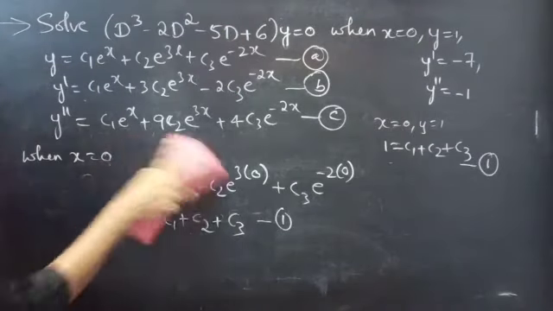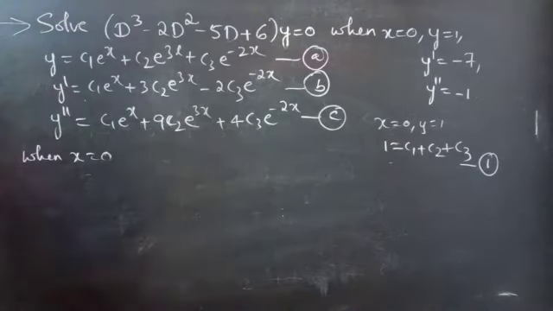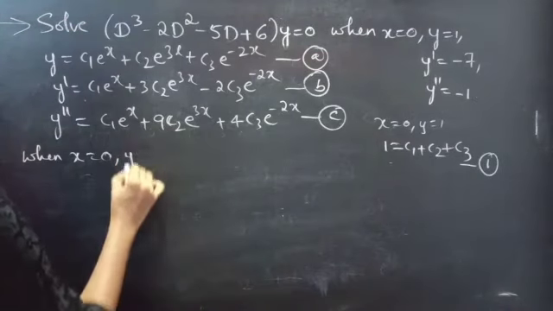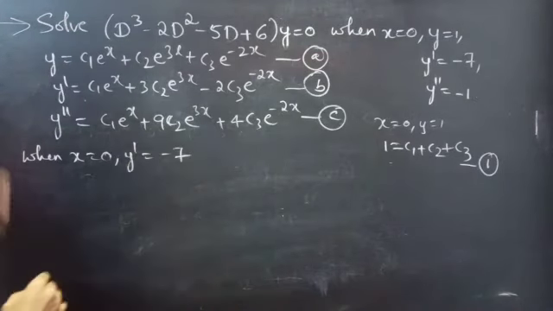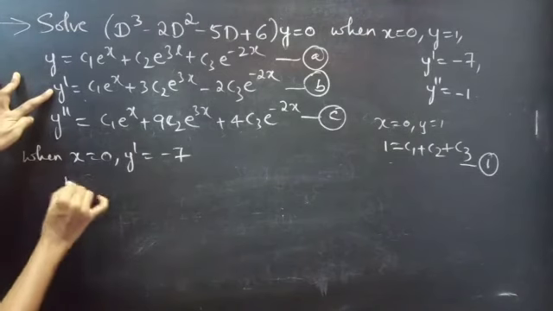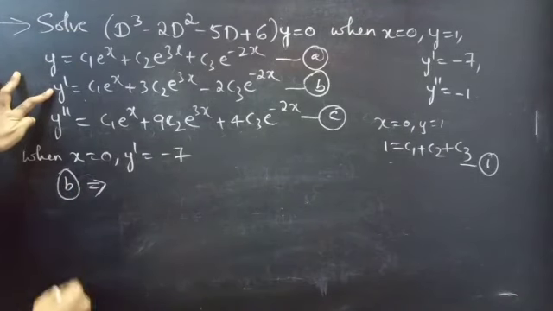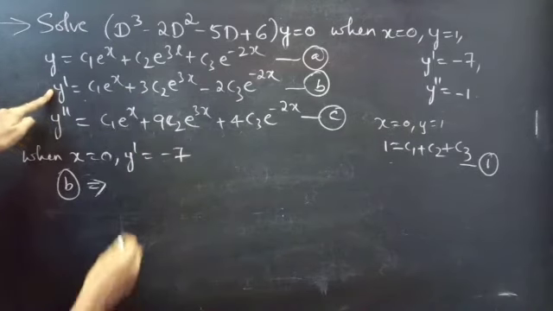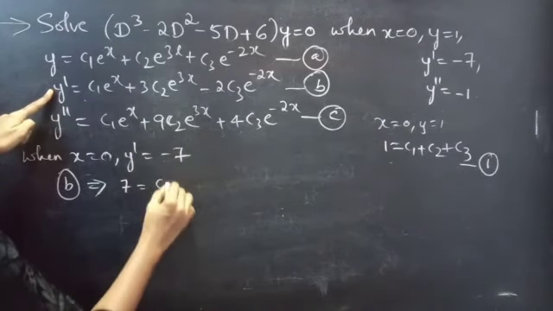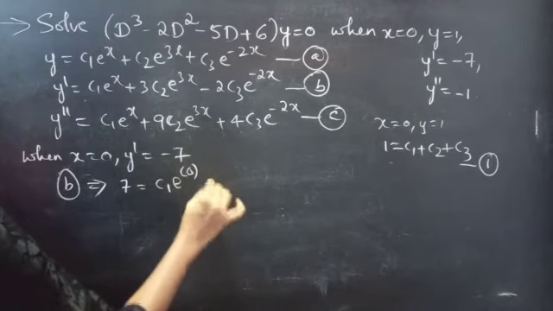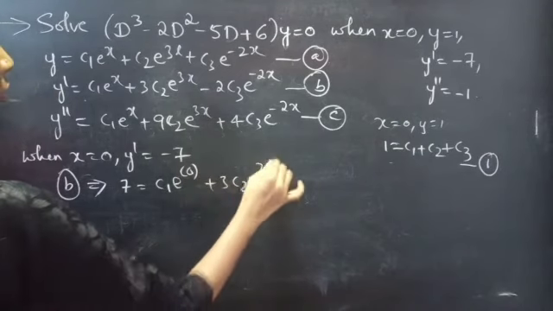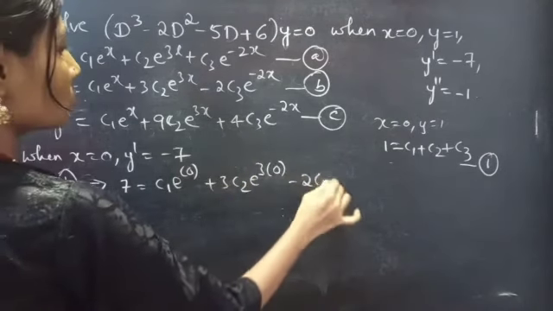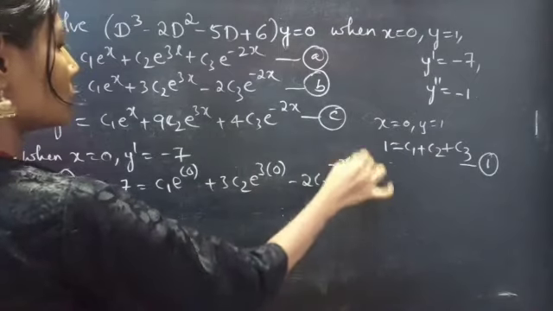Now, when x equals to 0, y dash equals to minus 7. So for y dash, we need to consider equation B. Put y dash equals to minus 7 and x equals to 0 in equation B, then you'll get minus 7 equals to c1 e power 0 plus 3c2 e power 3 into 0 minus 2c3 into e power minus 2 into 0.